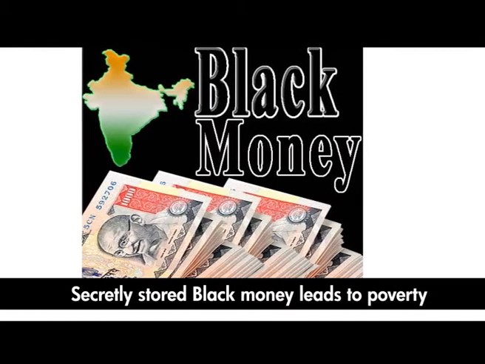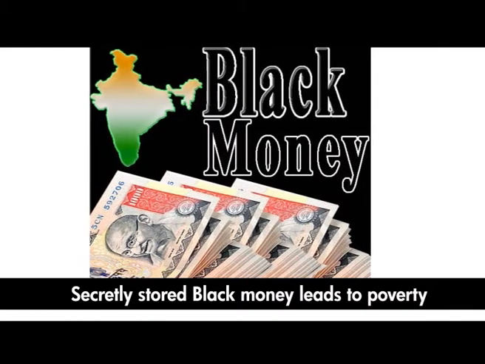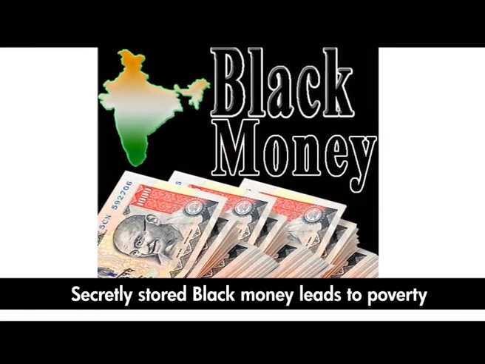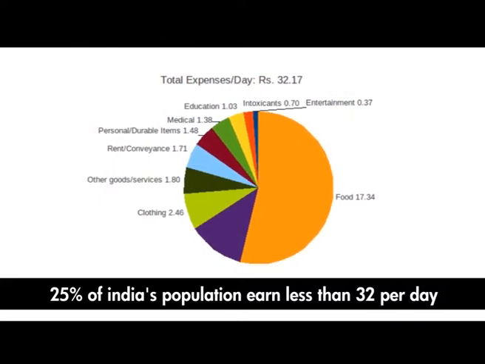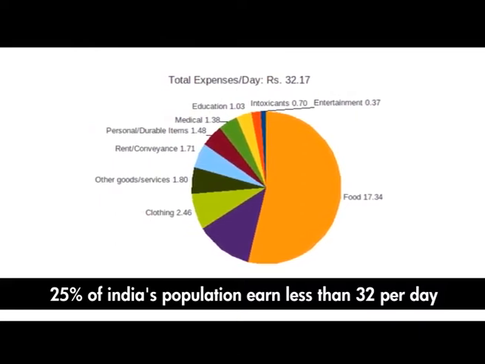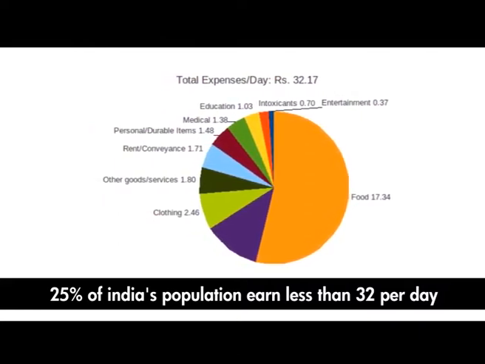Black money secretly stored abroad has also contributed to the slow pace of poverty alleviation in India. The Indian economy has grown steadily over the last 2 decades, but its growth has been uneven across social groups, economic groups, geographic regions, and rural and urban areas. Despite significant economic progress, 25% of the nation's population earns less than the government specified poverty threshold of 32 rupees per day.